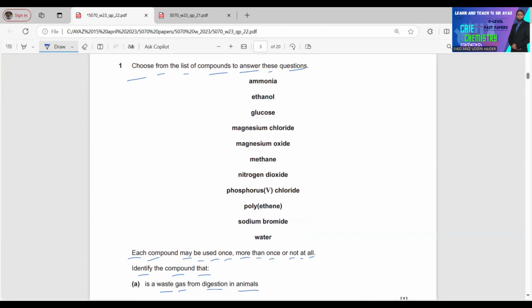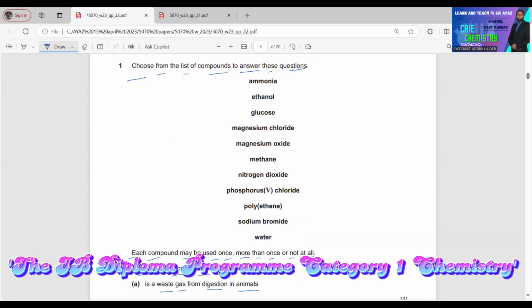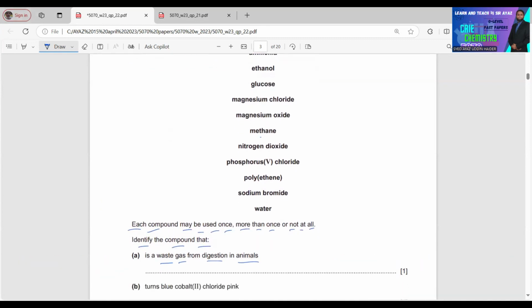So if you look at the choices, we have ammonia, ethanol, glucose, magnesium chloride, magnesium oxide, methane, nitrogen dioxide, phosphorus pentachloride, polyethylene, sodium bromide, water. It must be methane. Methane is a waste gas from digestion in animals. So I will write methane.